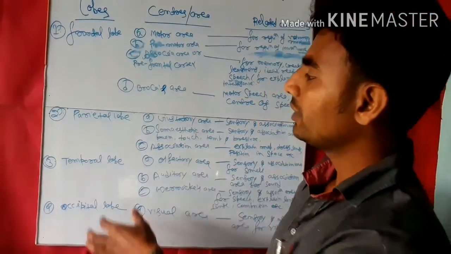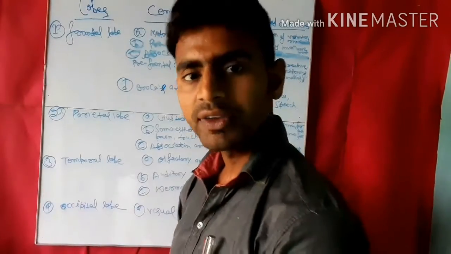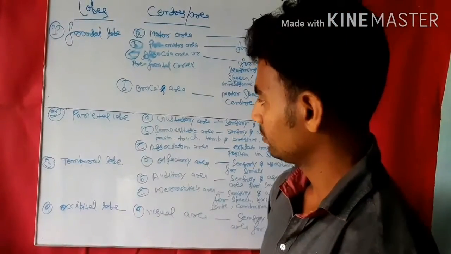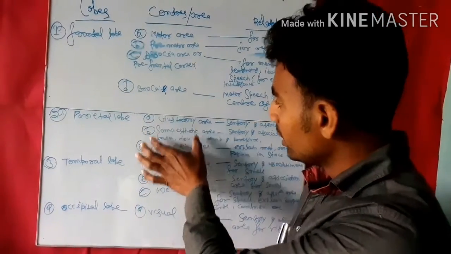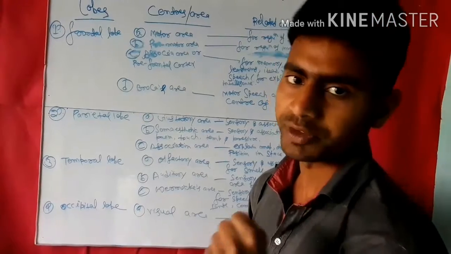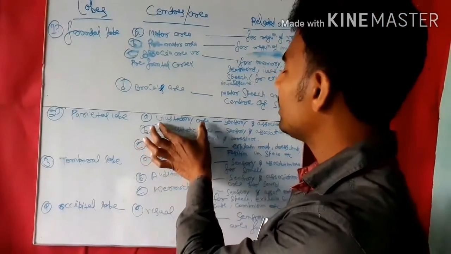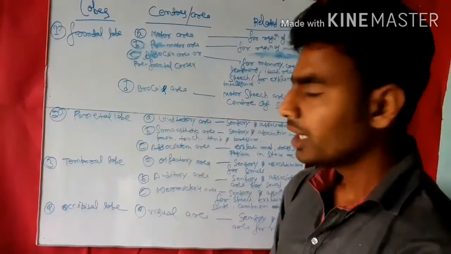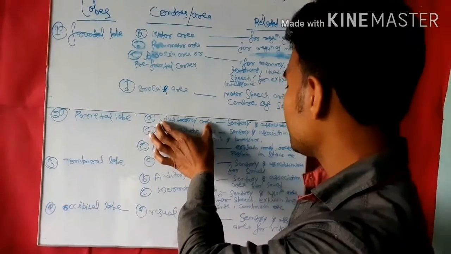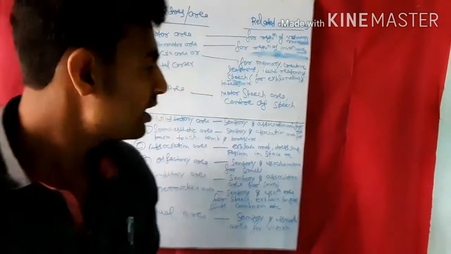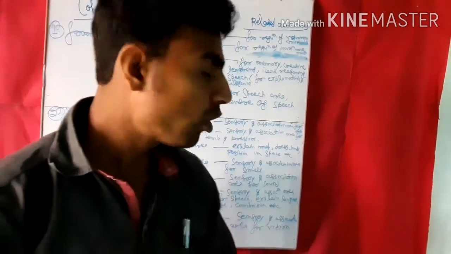Next is the parietal lobe, which is also present in the cerebrum, and in the parietal lobe three centers, three areas are present. First is the gustatory area. The activity of the gustatory area is sensory and association for taste.